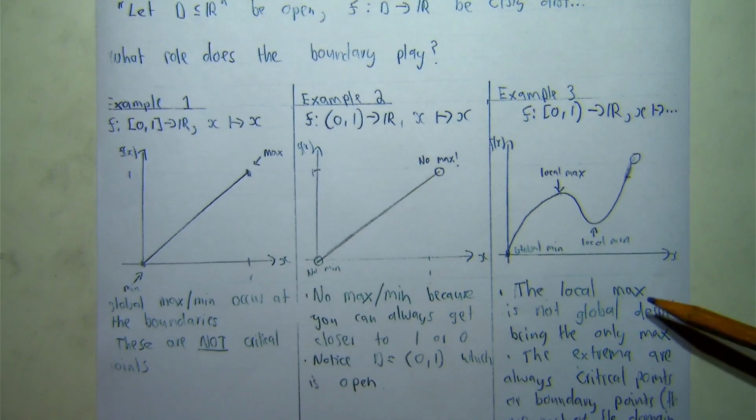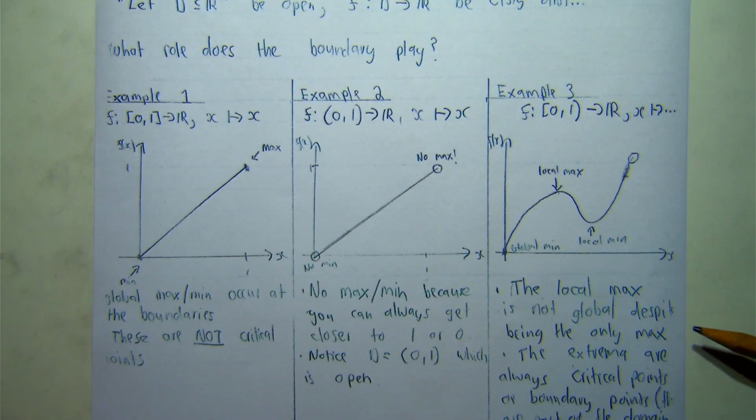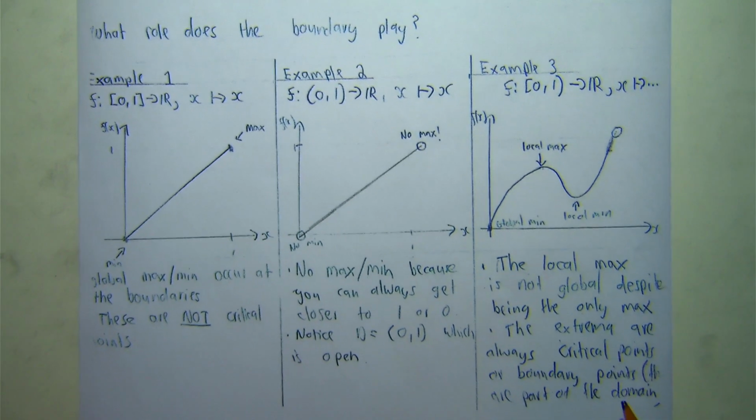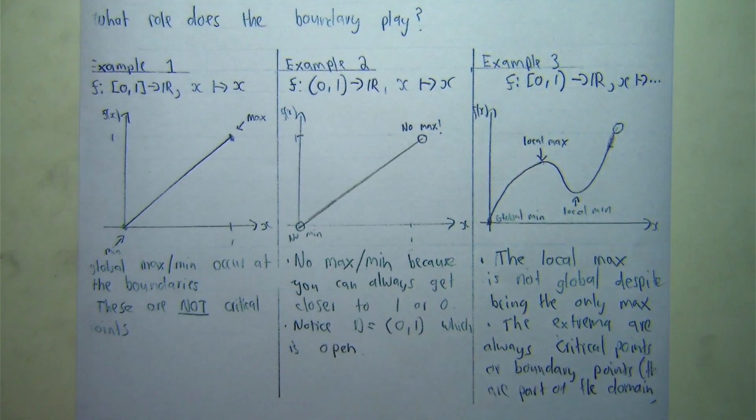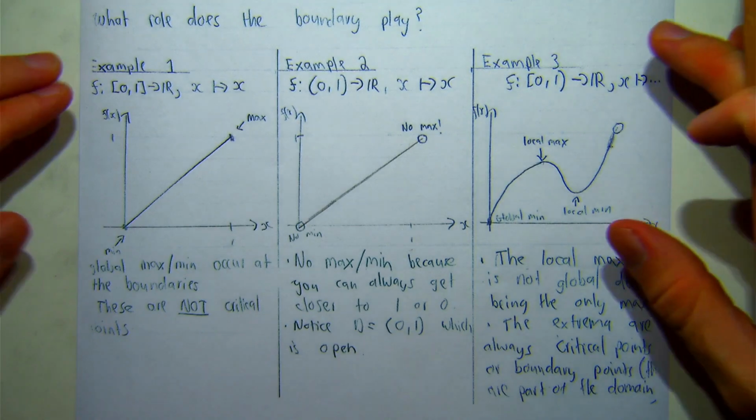So local max is not global despite being the only max. The extrema are always critical points or boundary points that are part of the domain. Okay, so it's just very important to understand that the boundary does affect our analysis on finding maxes and mins.